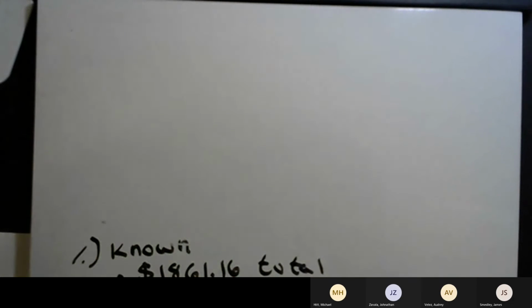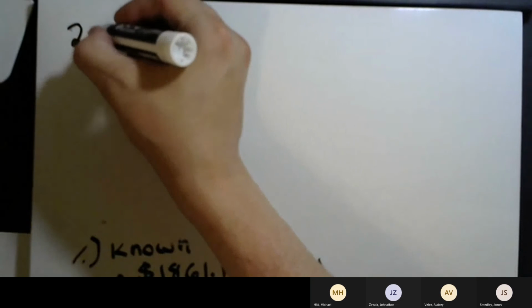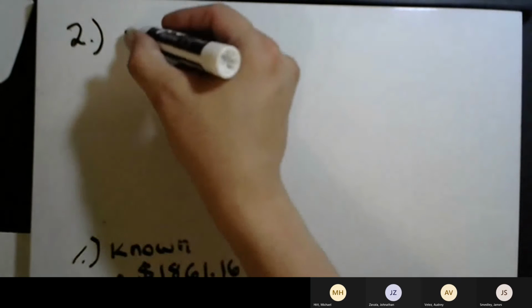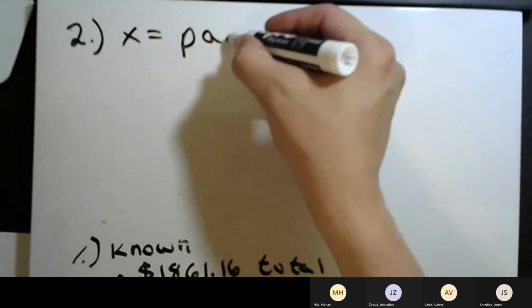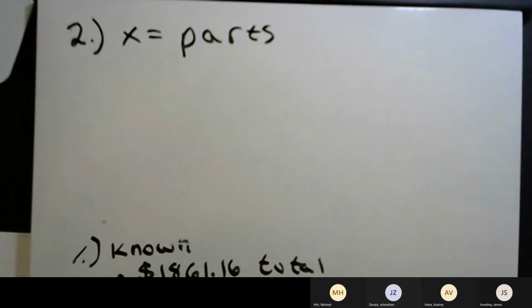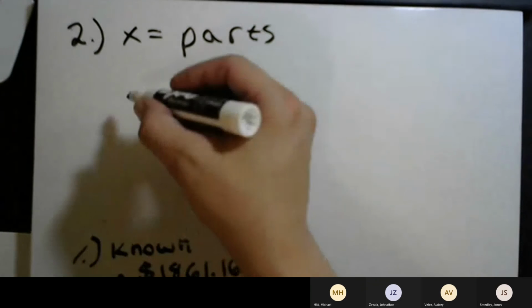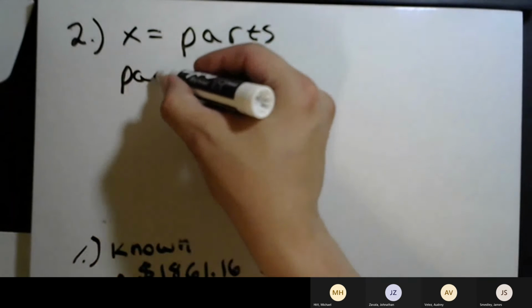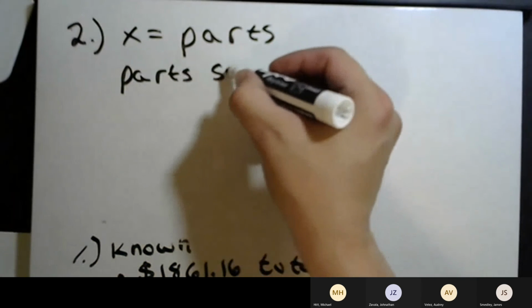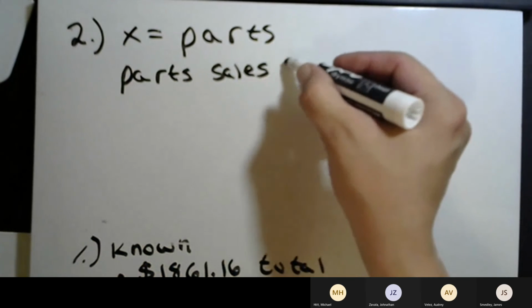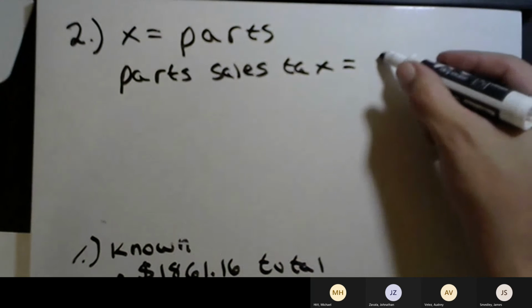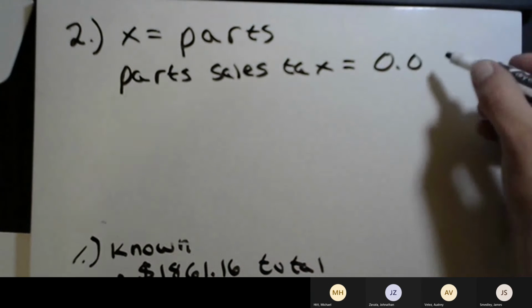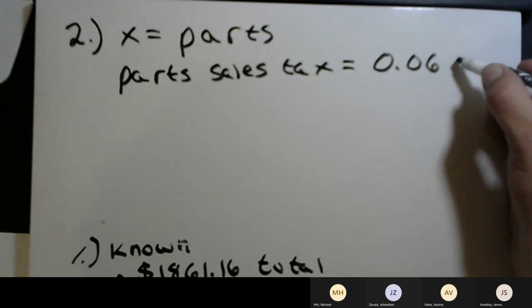So now we get to step 2. Let X be the amount of money from sales of parts. That means the parts sales tax is the rate. We convert the percent, which is 6%, to a decimal.